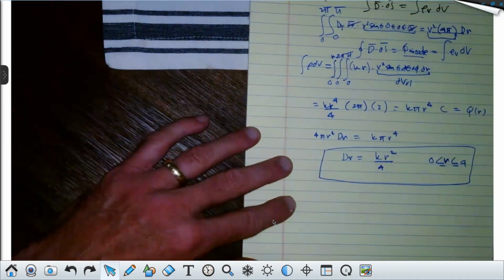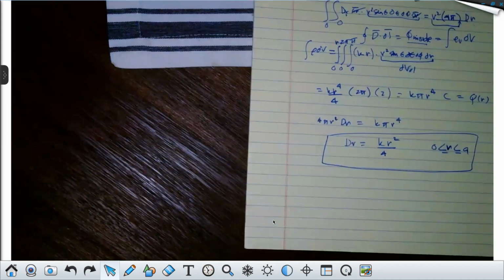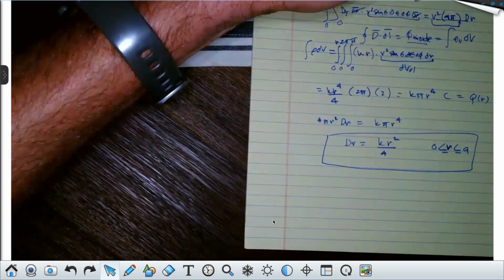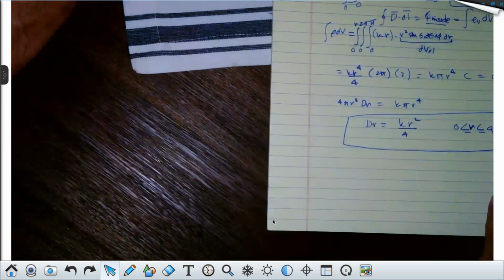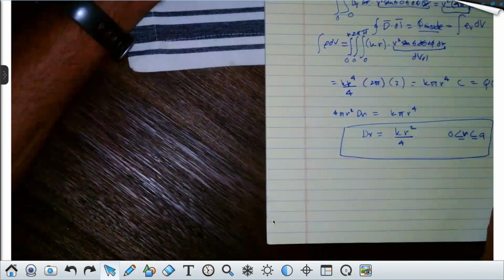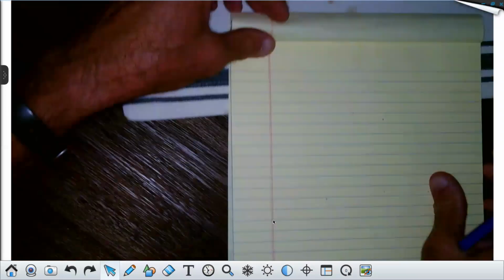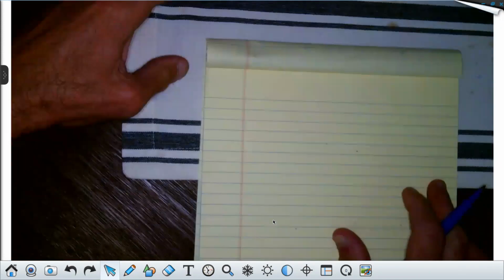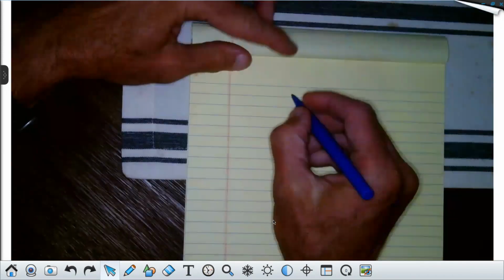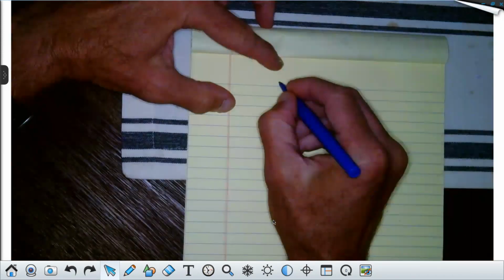Now the next part is what happens if we're outside, where there is no added charge density. So I'm going to flip the page, okay? Now, when you take a look and you're outside, this would be for r greater than a.